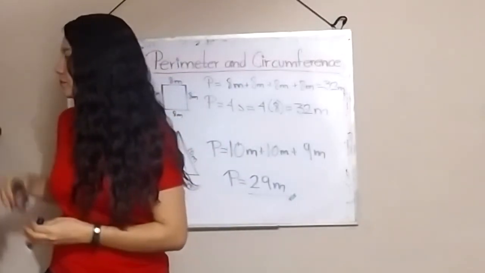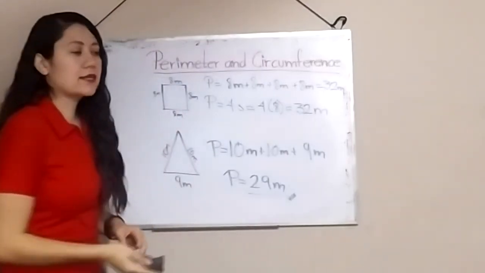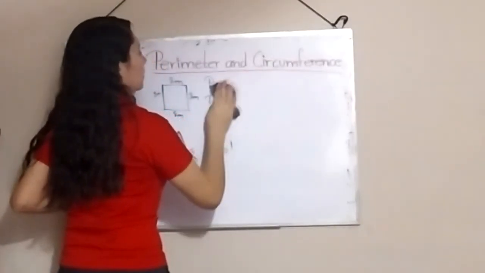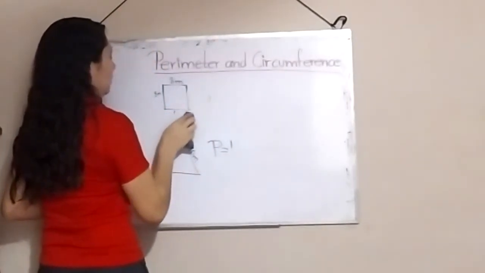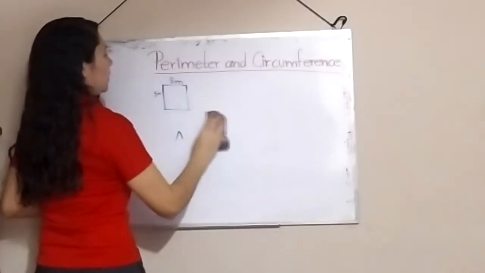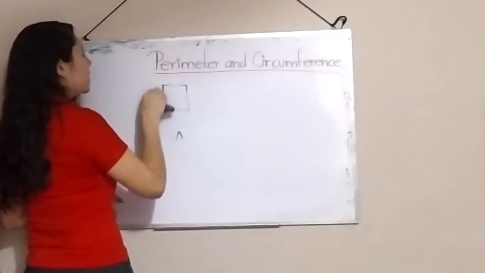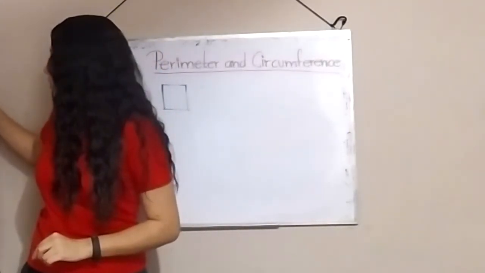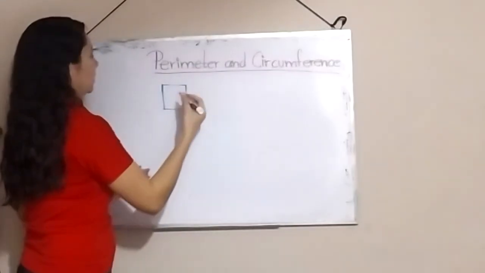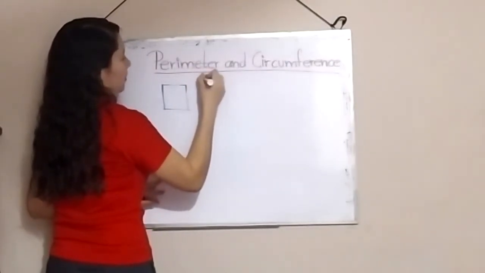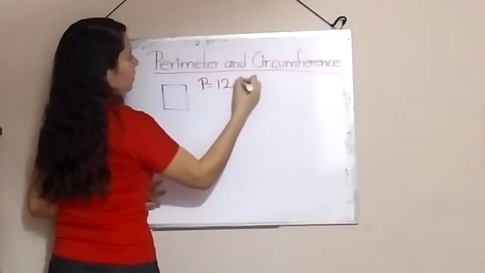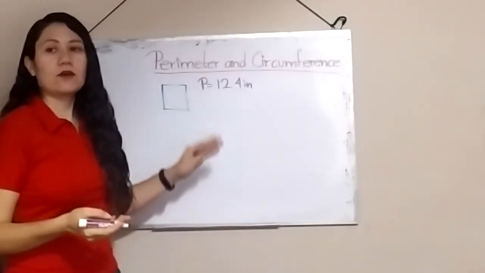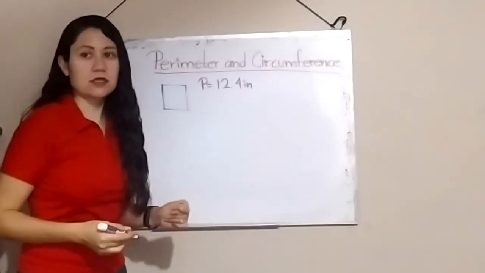The first one is asking us for the length of a side of a square if we know that its perimeter is 12.4 inches. Okay? We need the formula to do this type of exercise.